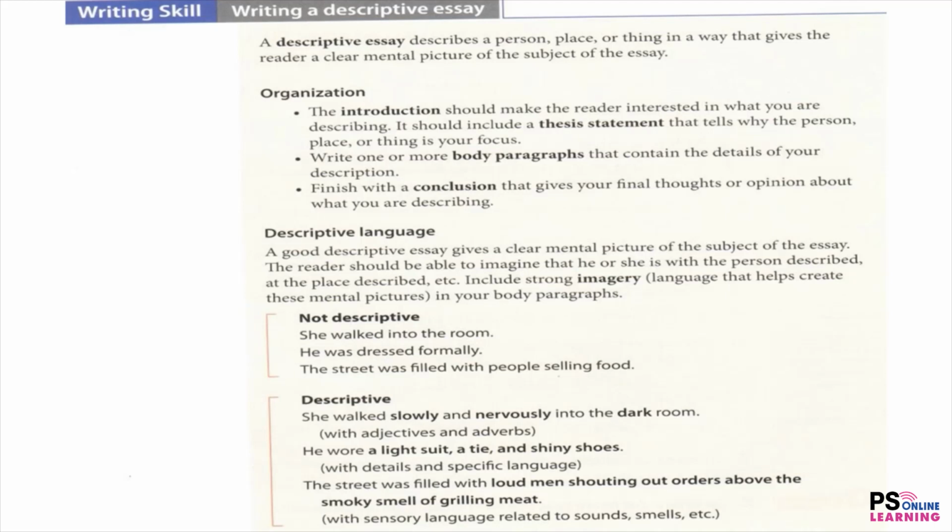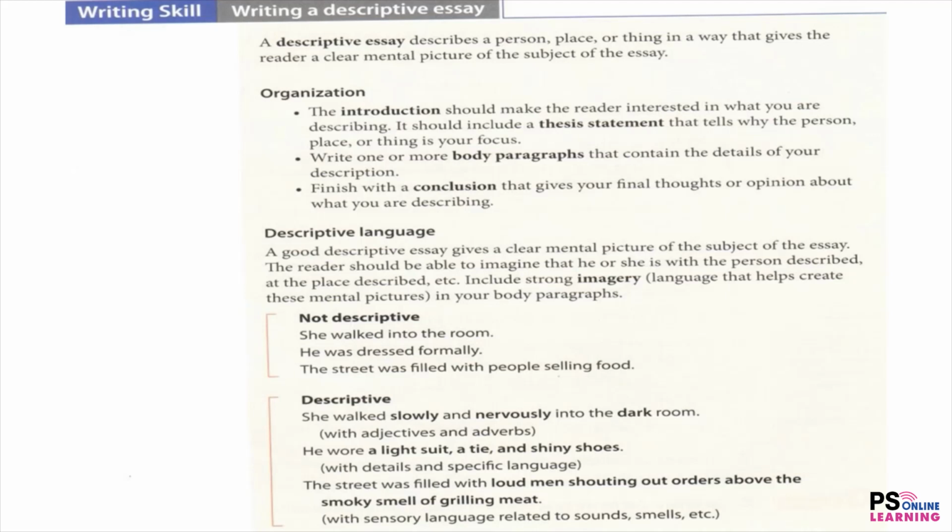So I want you to read this part in your book to understand and get the idea of what a descriptive essay means. But if you're a little bit confused now, it's okay.